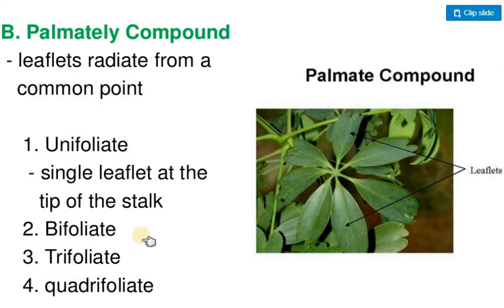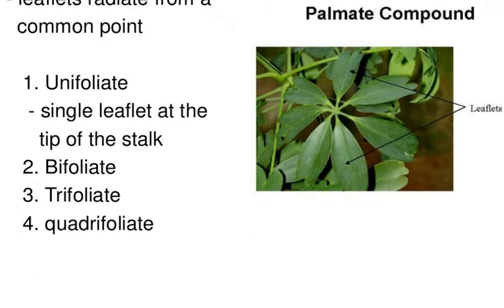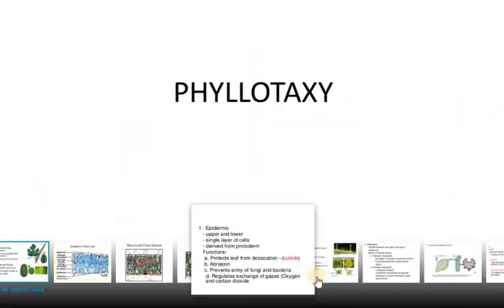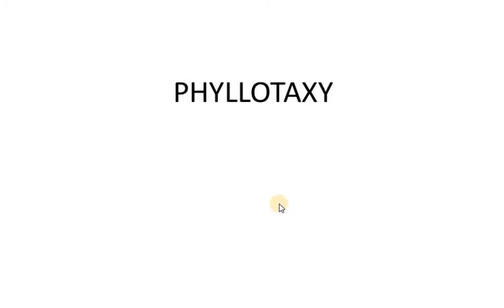If it has two, they are called bifoliate. If it has three leaflets, they are called trifoliate. And if there are four, they are called quadrifoliate. So just observe nature, the leaves like tapioca. You can observe rubber. I think rubber is trifoliate, and you can identify the different types of compound leaves.